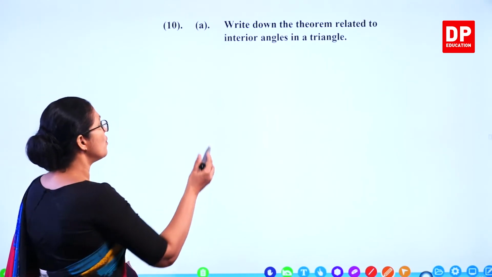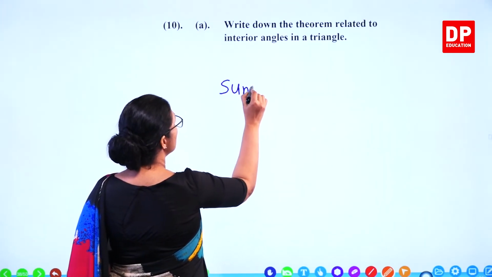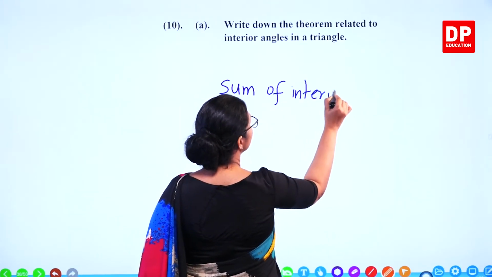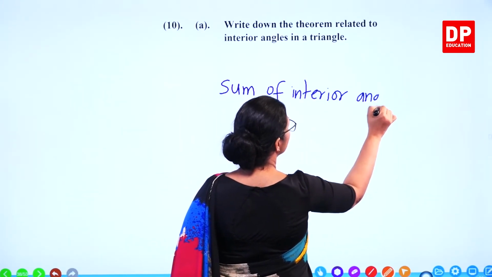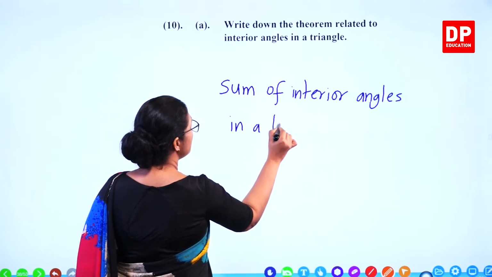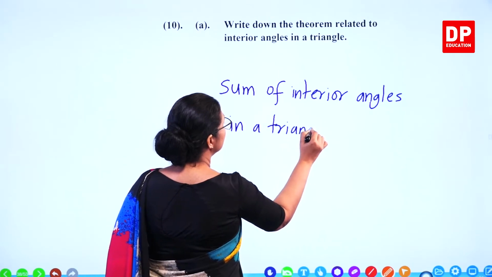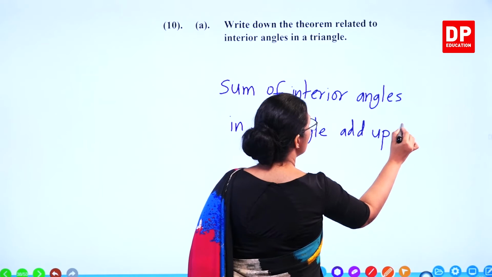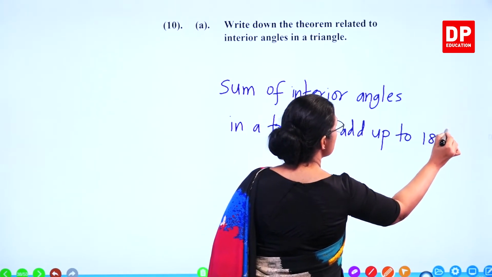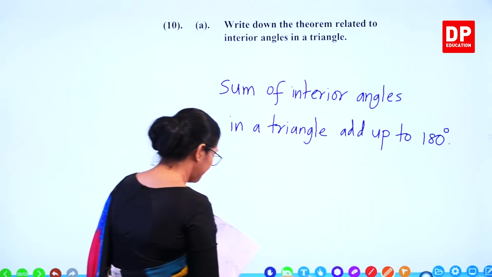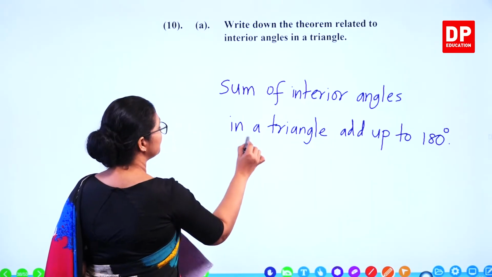So we already know the sum of interior angles in a triangle adds up to 180. Sum is 180. So how many marks for writing that? 1 mark.